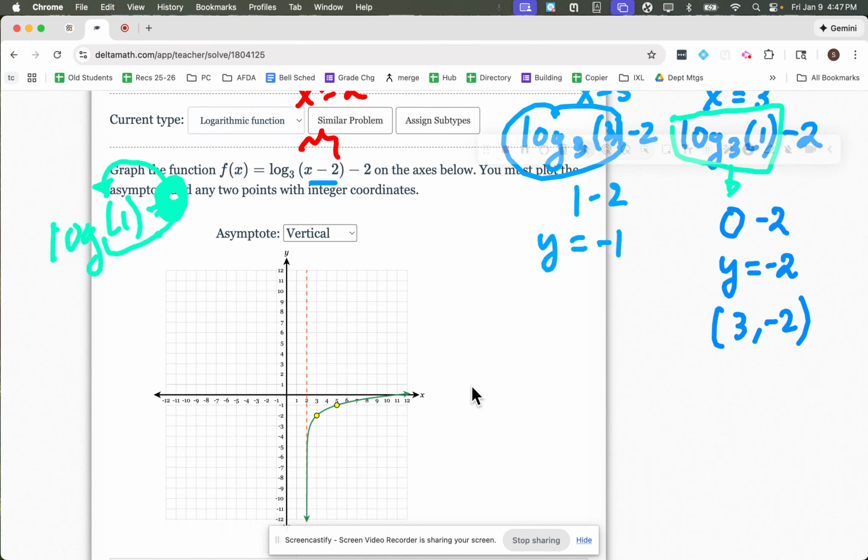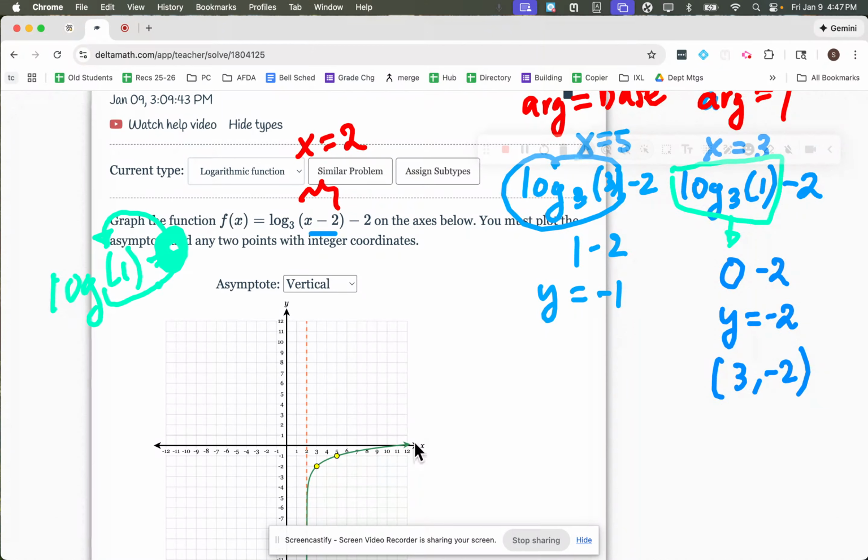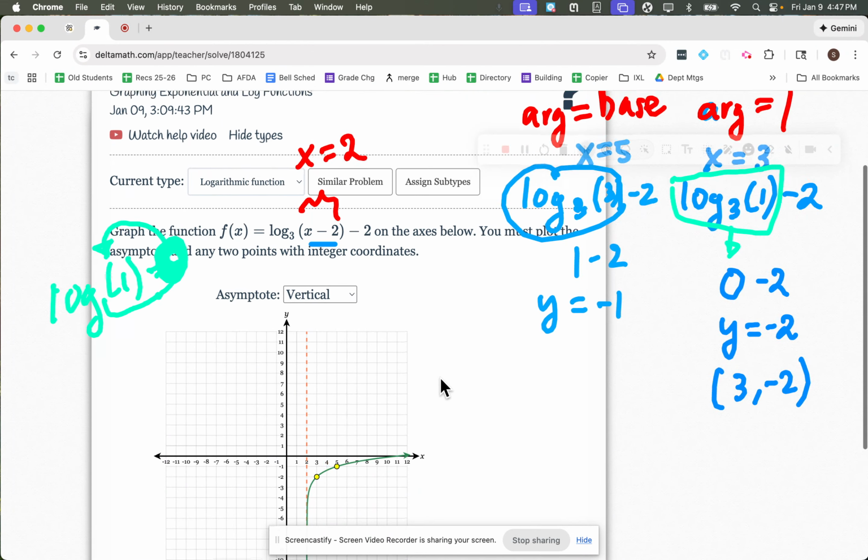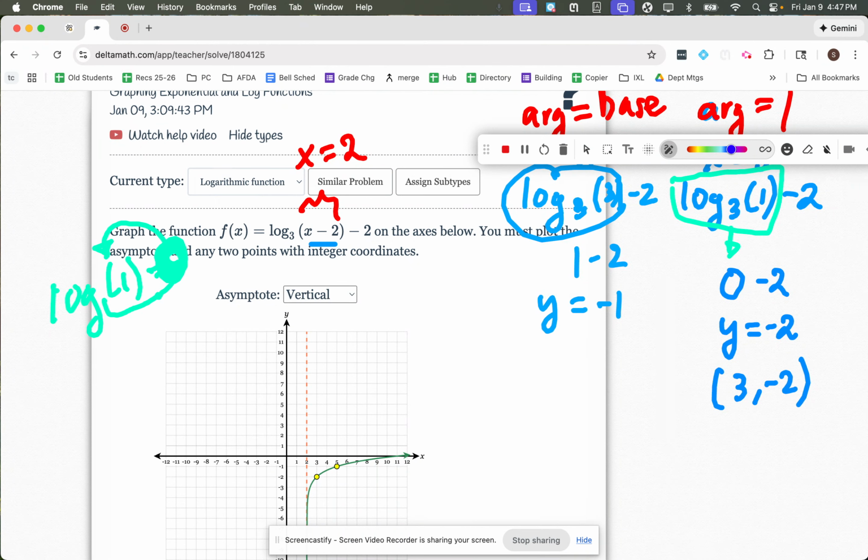So in terms of checking whether this is the right shape, the only thing that comes to mind is to make sure that we're on the right side of the asymptote. And you'll see in the next example when you'll end up on this side of the vertical asymptote.